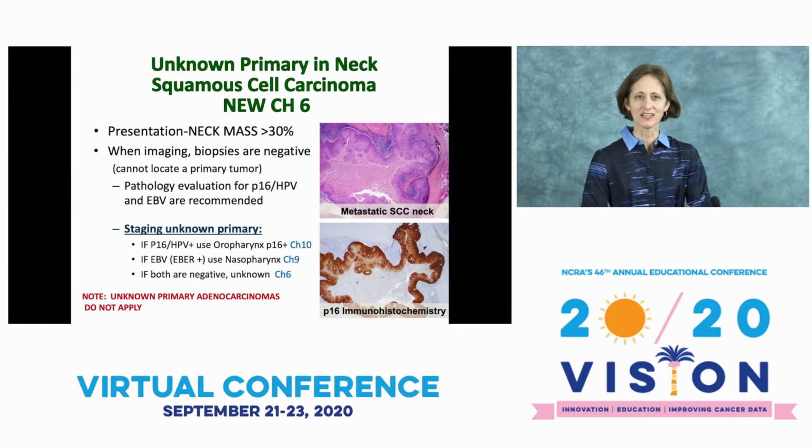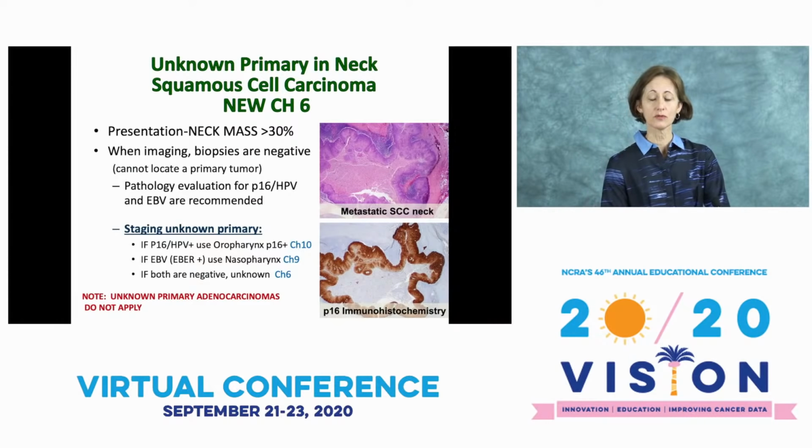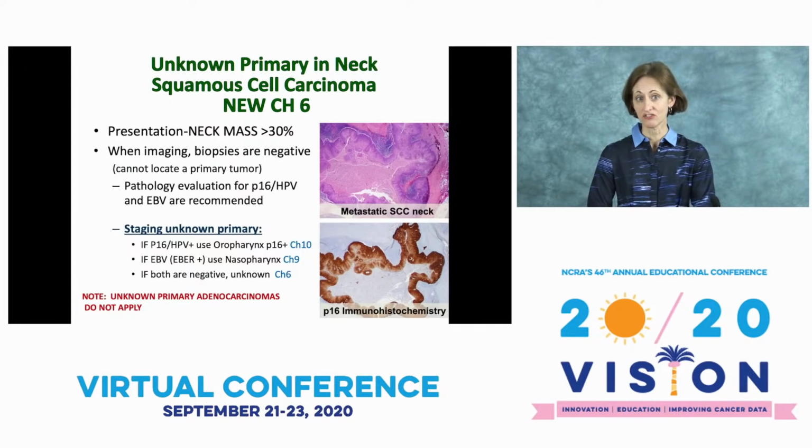So if in fact a patient presents, this is very common, over 30% of our head and neck patients present initially with their neck mass, and then imaging and biopsies are performed to determine where the tumor is coming from. Now, if a tumor cannot be located in another site, then using Chapter 6, they provide guidelines which say we actually need to do a little bit more pathology to determine how we should stage this.